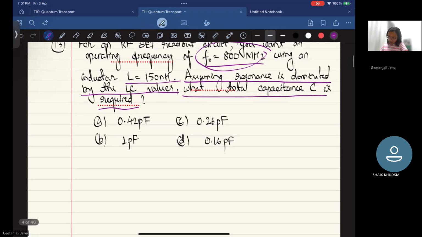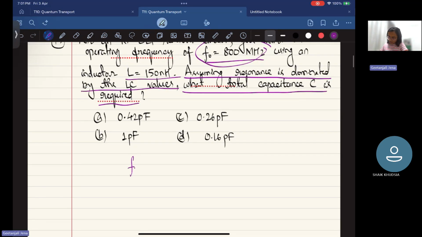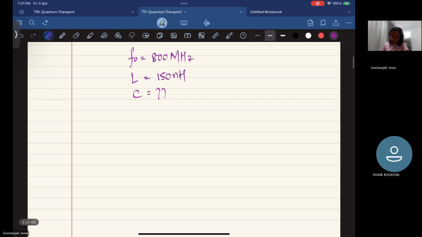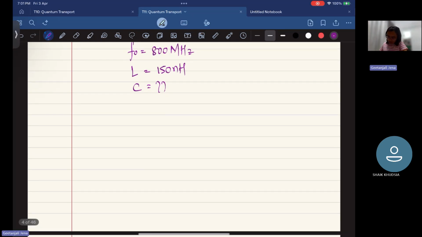It's given F0 is 800 megahertz and L is given as 150 nanohenry. We want to know the capacitance. The relation is the same: F0 is 1 by 2 pi root over LC.